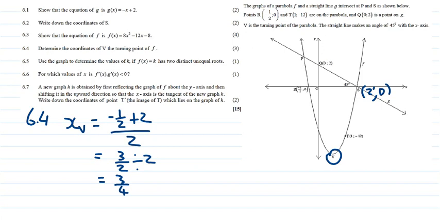Now, because they want the coordinates, you have to substitute this 3 over 4 into the original. So f of 3 over 4, what do you get for that? You get negative 25 over 2. Okay, negative 25 over 2 seems to make sense because we are on the negative y-axis.